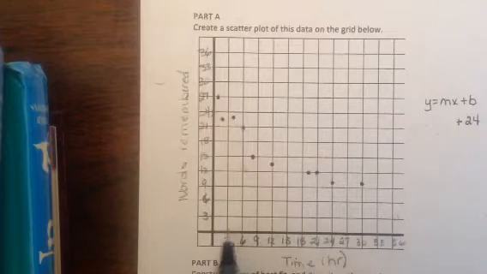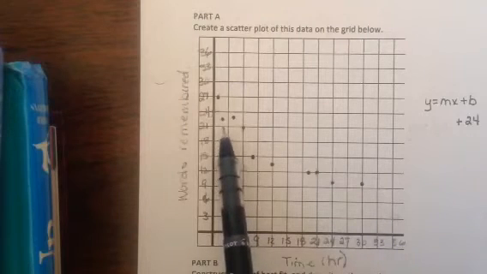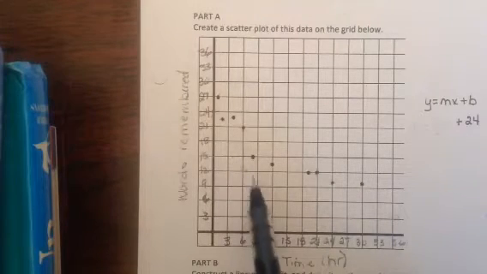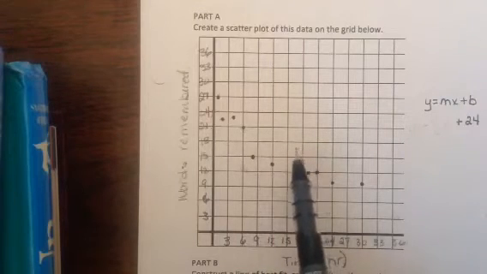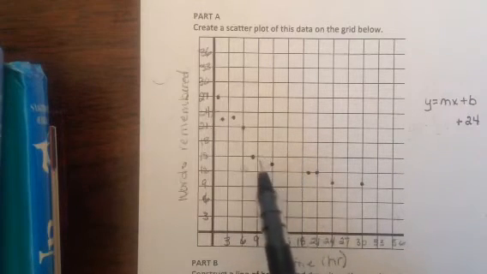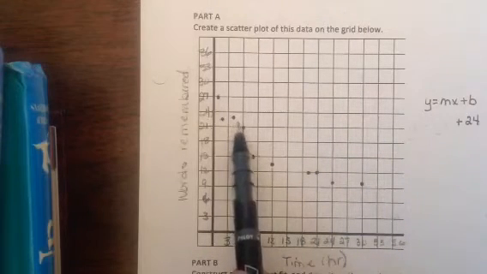Okay? Alright, so I'm going to plot my points, and I've already done this, so you're going to do it. So in 1 hour, she remembered 27, so there's my point there. In 2 hours, 22. And in 4 hours, what's 4? 4 is 23, okay.